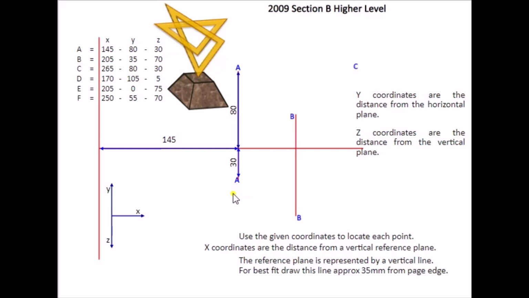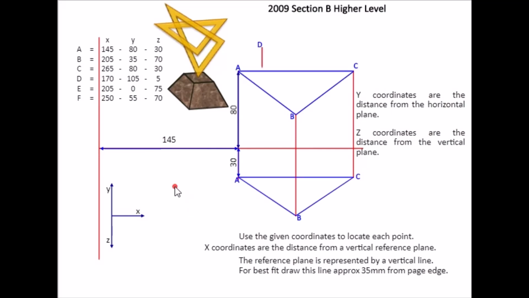It's the same process for point B: over 125, over 205 from the edge here, and up 35 and down 70, and so on with all the rest of the points. Again, triangle DEF is done the same method.